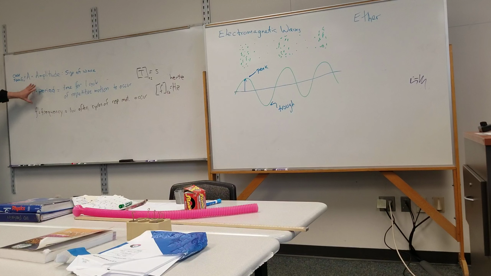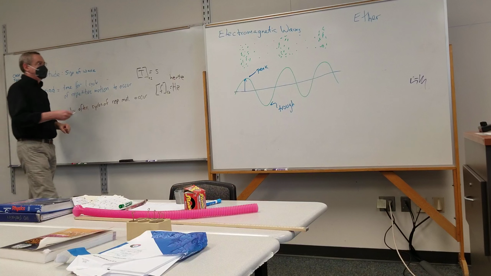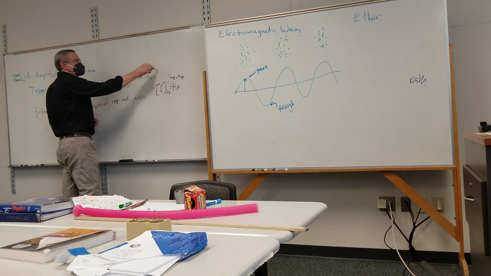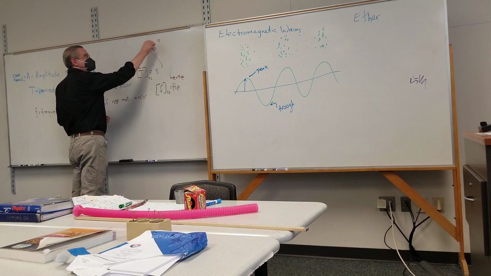Now there's a relationship between these two, period and frequency. The period is the time for one cycle of repetitive motion to occur. It's basically the number of seconds per cycle. So I could write, even though officially it's seconds, this really represents seconds per cycle.